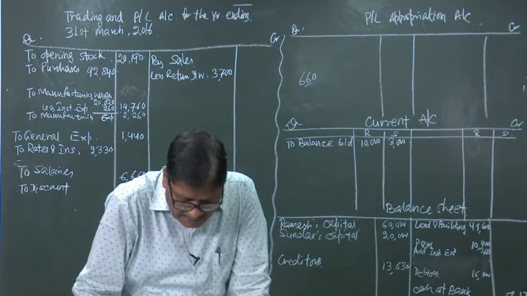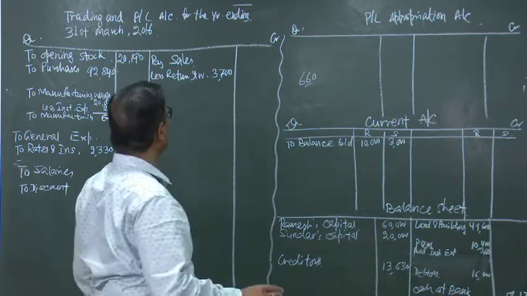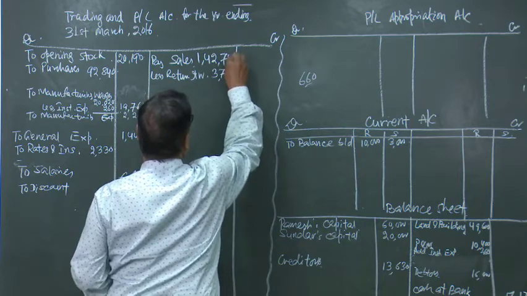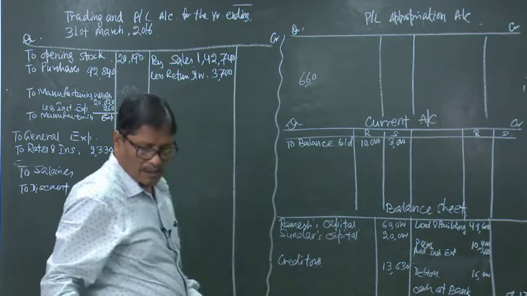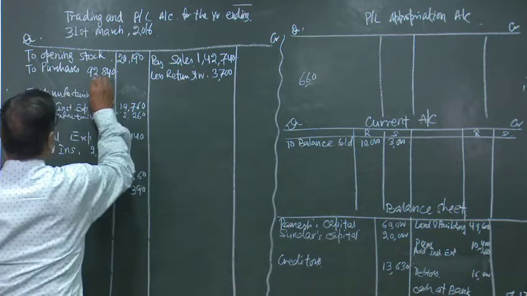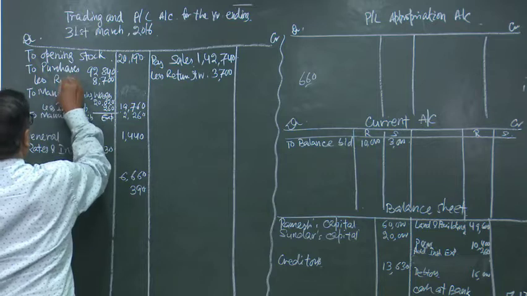Sales are 1,42,740, 1,42,740, and purchase returns 8,700, less purchase returns 8,700.